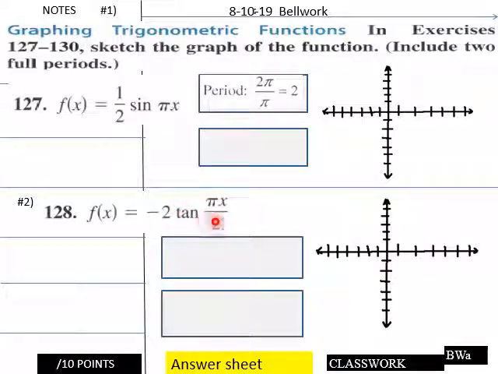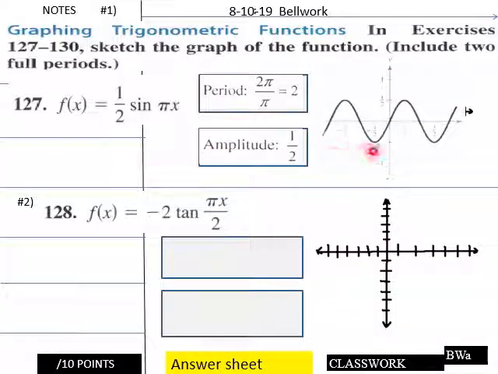For the first, 2 pi over pi gives a period of 2, and the amplitude is 1/2. The graph goes through the origin, with its minimum at negative 1/2 and its maximum at positive 1/2, and a period of 2 between these 2 minimums.